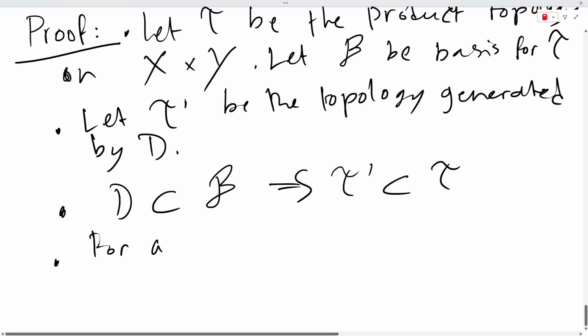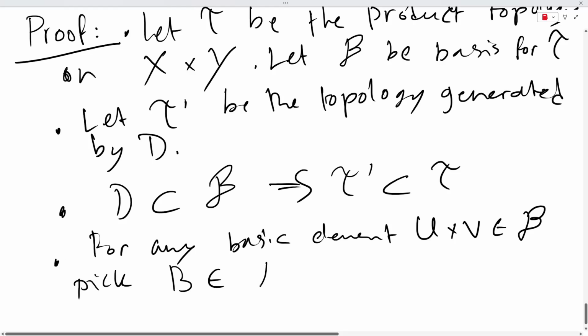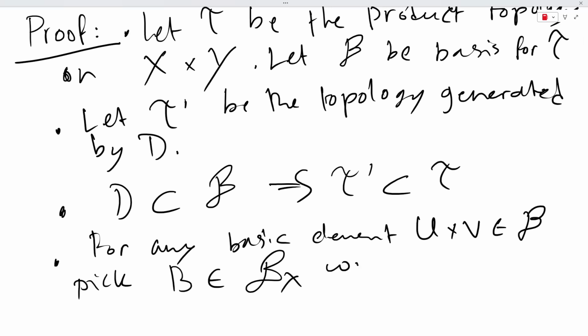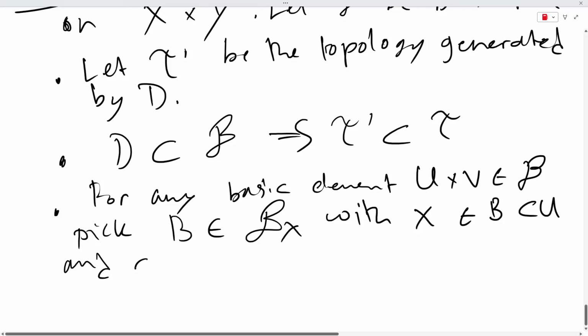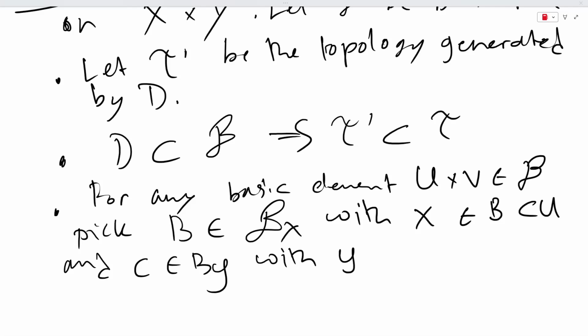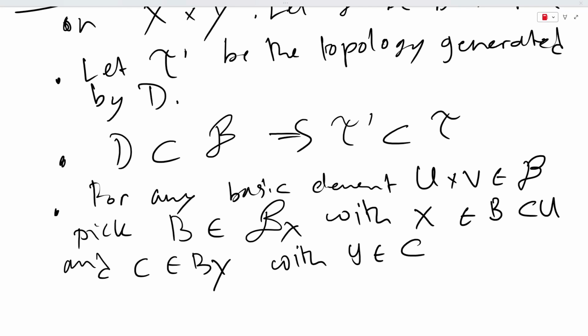For any basic element U times V in B, pick P in B_X with x contained in P, which is contained in U, and C in B_Y, with y in C, which is contained in V.